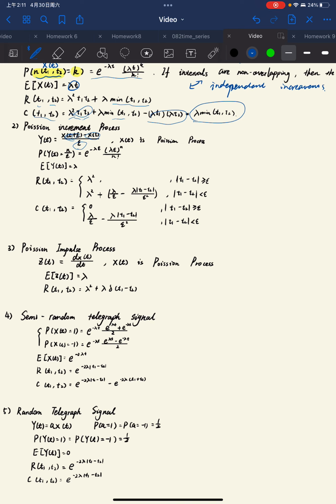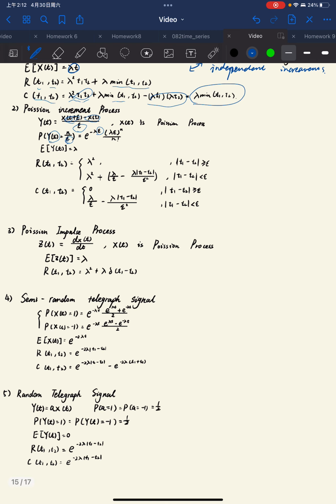For its first order probability mass, if Y(t) equals n divided by epsilon, it is equal to e to the power of minus lambda epsilon times (lambda epsilon) to the power of n divided by the factorial of n.